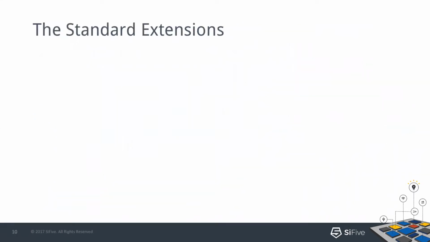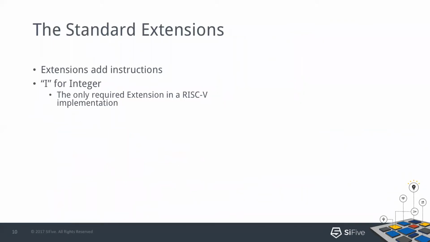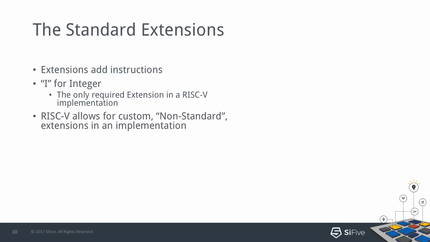As part of the RISC-V specification, it defines extensions, and extensions are a means of adding instructions to the architecture. The base extension is I, which stands for integer, and the I extension is the only required extension in a given RISC-V implementation. The I extension defines a set of integer instructions.